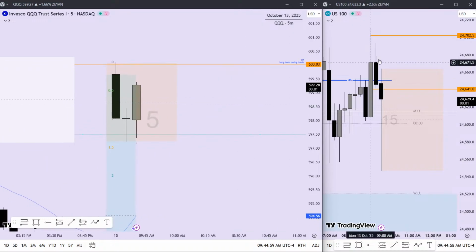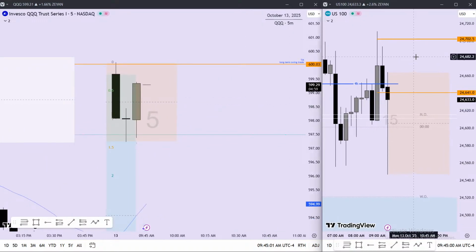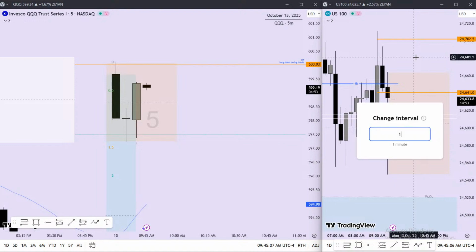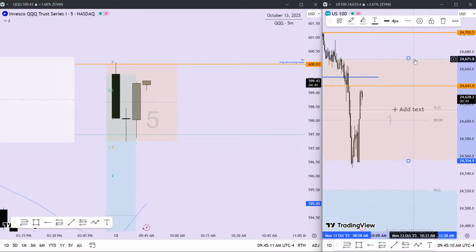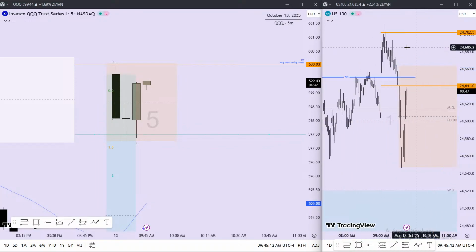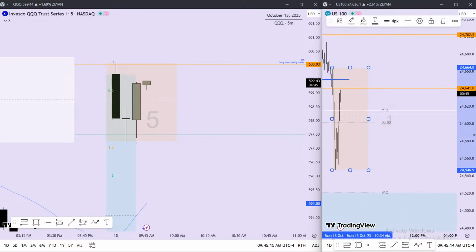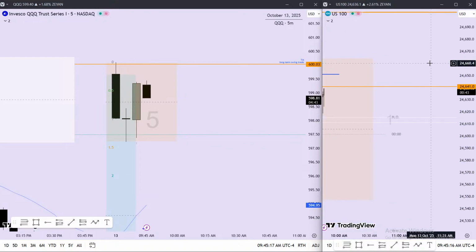We have closed this gap now. Let's go to an even smaller time frame. If we move above 641, I'll take a long position.